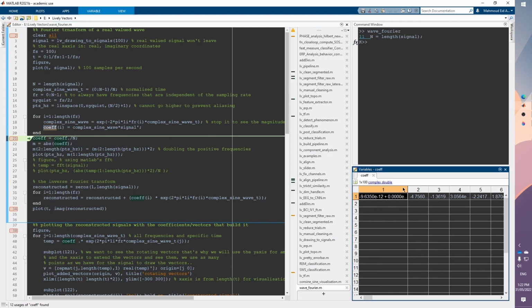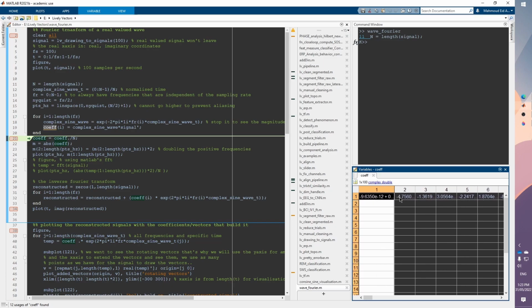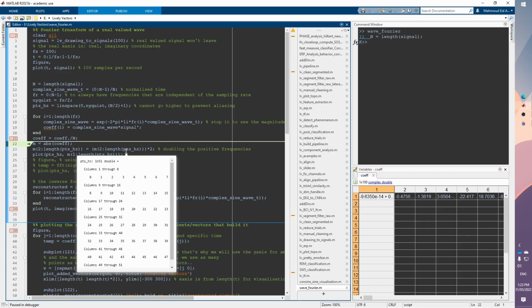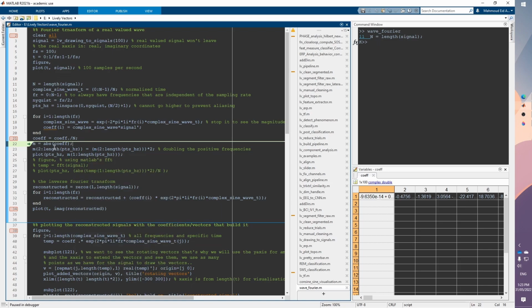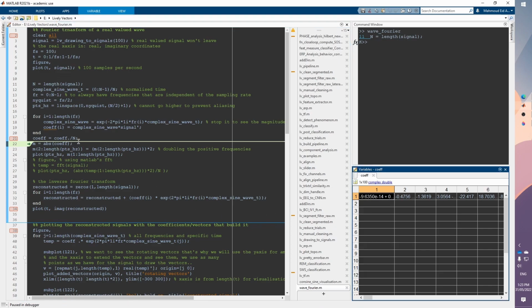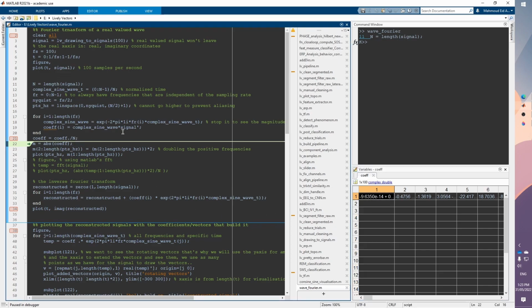A complex value here has a real part and an imaginary part, and we can get the magnitude and phase from that vector. As we said, we will normalize them. Here I'm just doing some steps to get this in the same scaling as the magnitude. So I'm basically taking the absolute of our coefficients, and then I'm doing this to get the magnitude, and then we just double the positive frequencies.